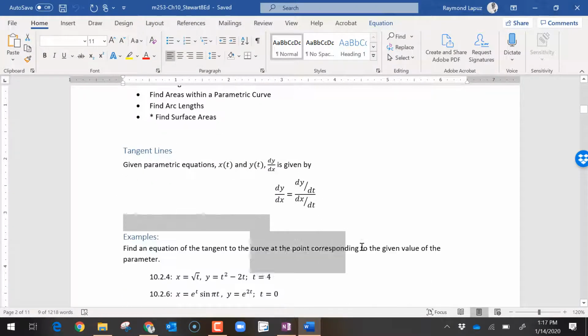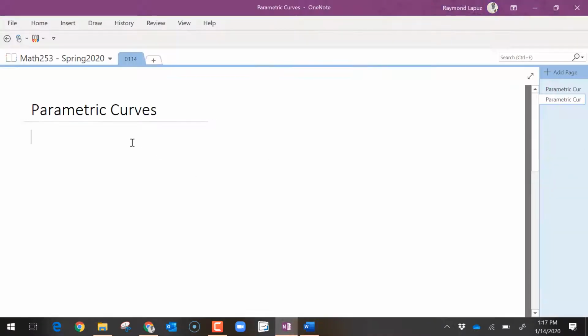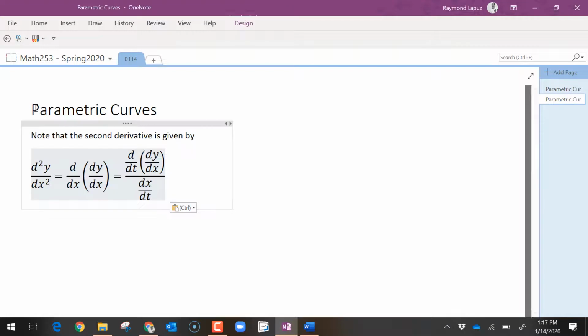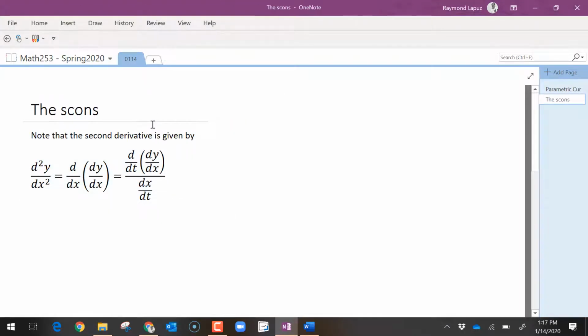Turns out that the second derivative is slightly more complicated. The second derivative is really the derivative of the first derivative, right? And the first derivative can be expressed as a function of t, but you're taking the derivative with respect to x.